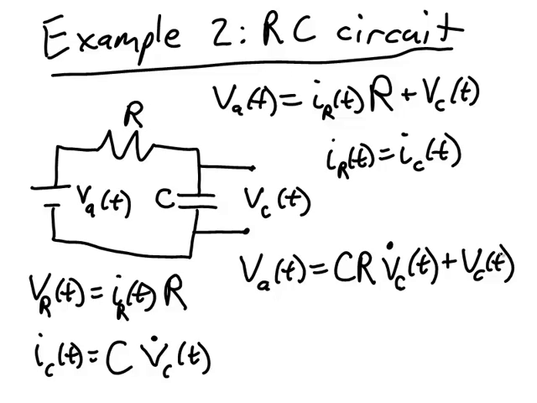I can tell that I'm done because all I have is the input signal, the output signal and their derivatives, and constants. So let's take the Laplace transform. VA of t becomes VA of s. I have no other s's here or constants because there's no derivative being taken of V applied.